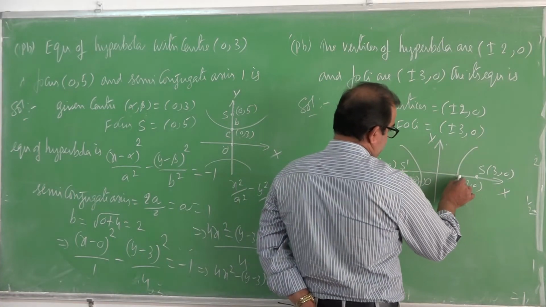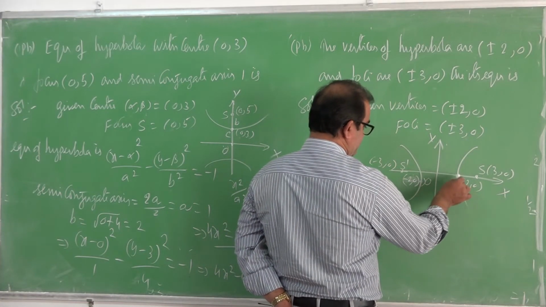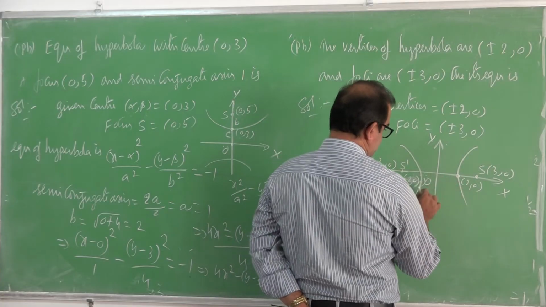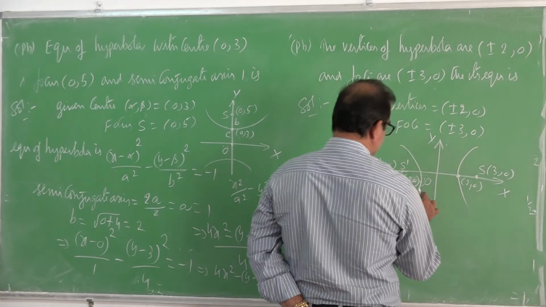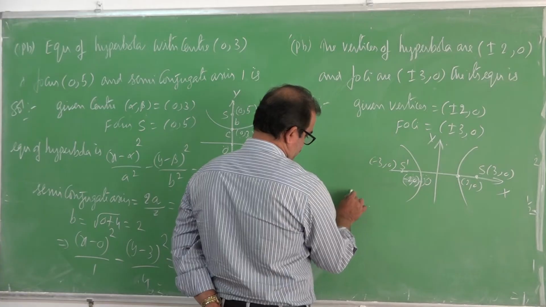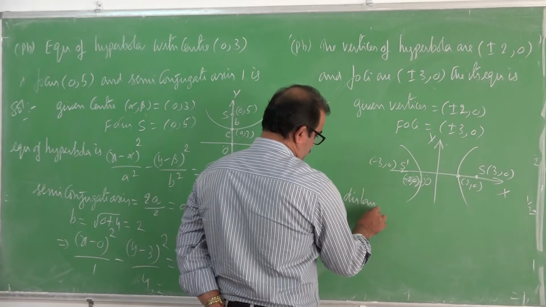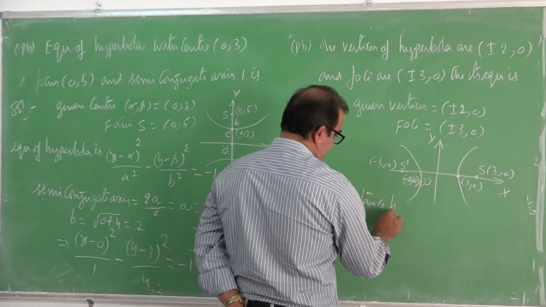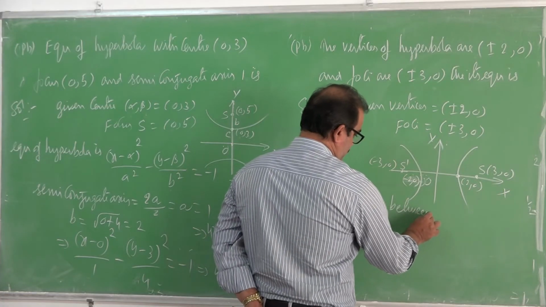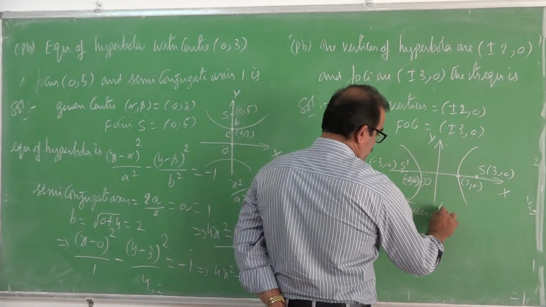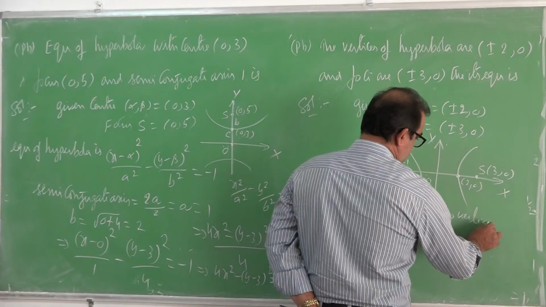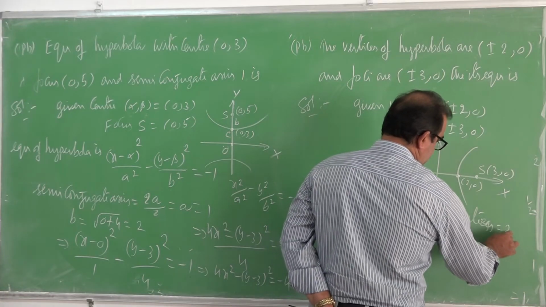Now what is the distance between these two vertices? Distance between two vertices is equal to 2a.